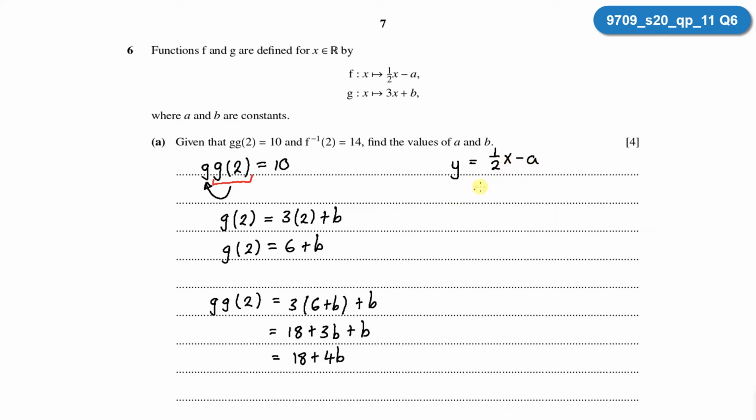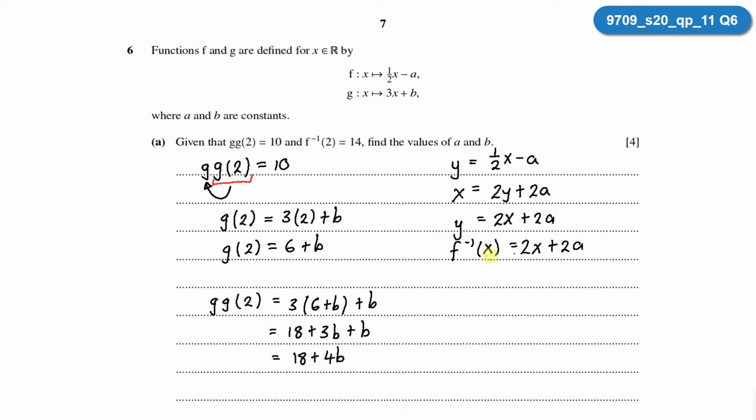Adding a to both sides and multiplying both sides by 2, I will get x is equal to 2y plus 2a. So I've just made x the subject here. And then I'll interchange the variables. So I'll have y is equal to 2x plus 2a, which means that f inverse of x is actually 2x plus 2a. So I now have the inverse function.